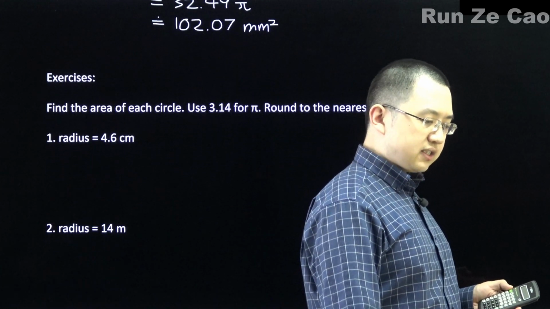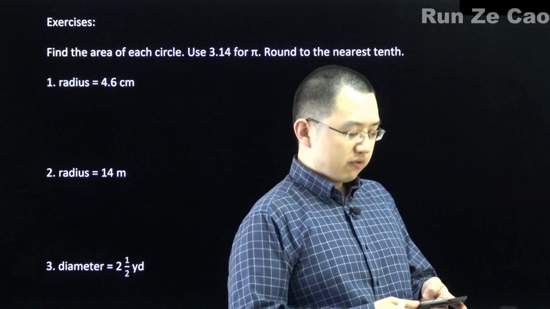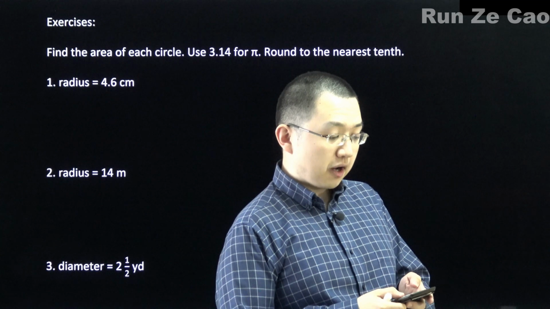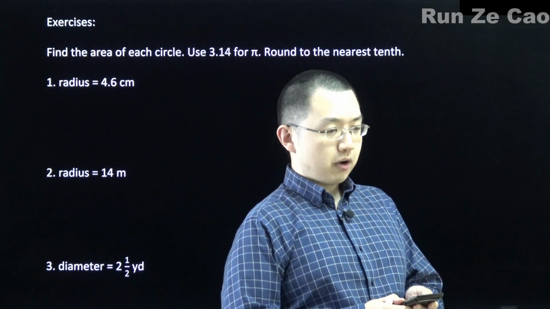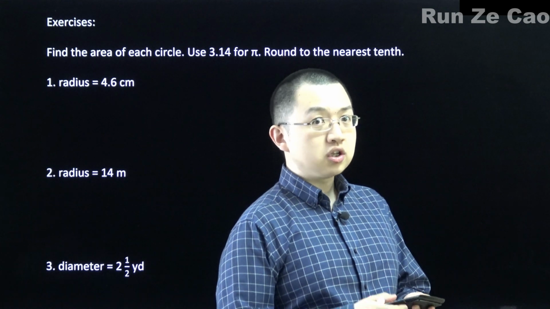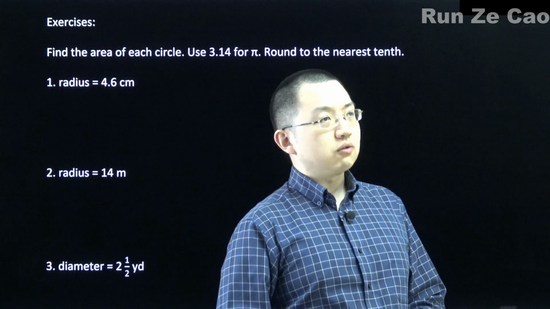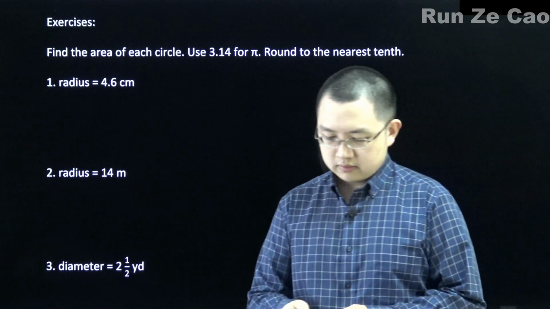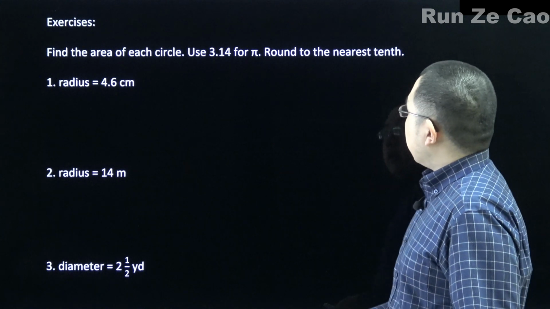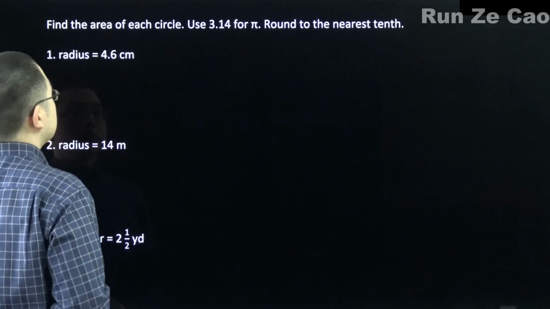Let's find the area of each of these circles using 3.14 for pi. Be very careful. If you get into the habit of pressing the pi button on your calculator, you may get some of these problems wrong if you're told to use some other value for pi, like 3.14 or 3.14159 or whatever. Okay, so round to the nearest tenth. Radius equals 4.6 centimeters.